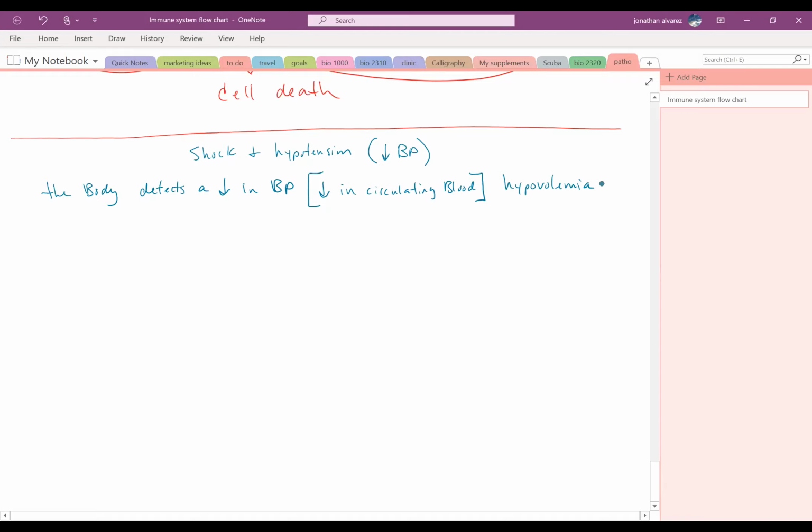Okay, now typically, by definition here, this is going to be blood loss of 25% or more. Okay.